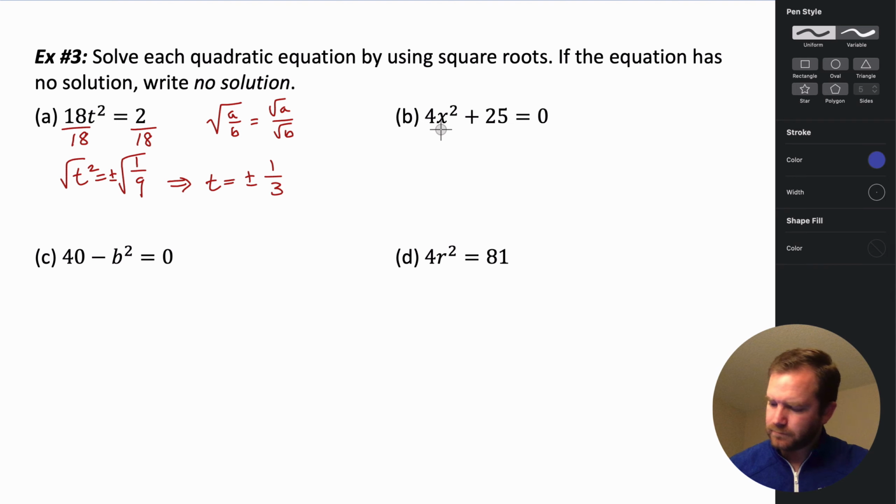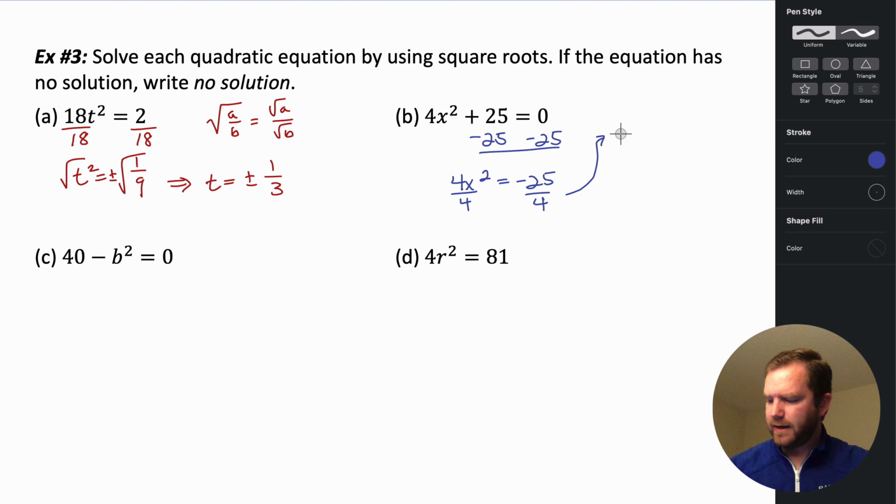Okay. So for this one, subtract 25. Subtract 25. So we have 4x squared equals negative 25. Divide by 4. This fraction can't reduce, but I have x squared equals negative 25 over 4.